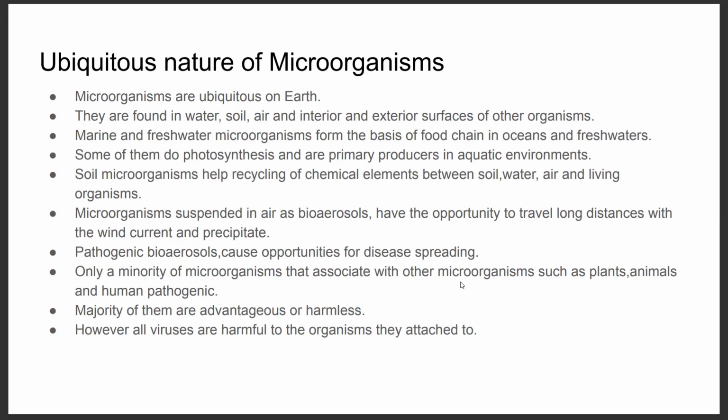Because of this, pathogenic bioaerosols have the opportunity for disease spreading. Majority of microorganisms are advantageous or harmless. Only a minority are harmful or pathogenic for plants, animals, and humans. But all viruses are harmful to the organisms they attach to.